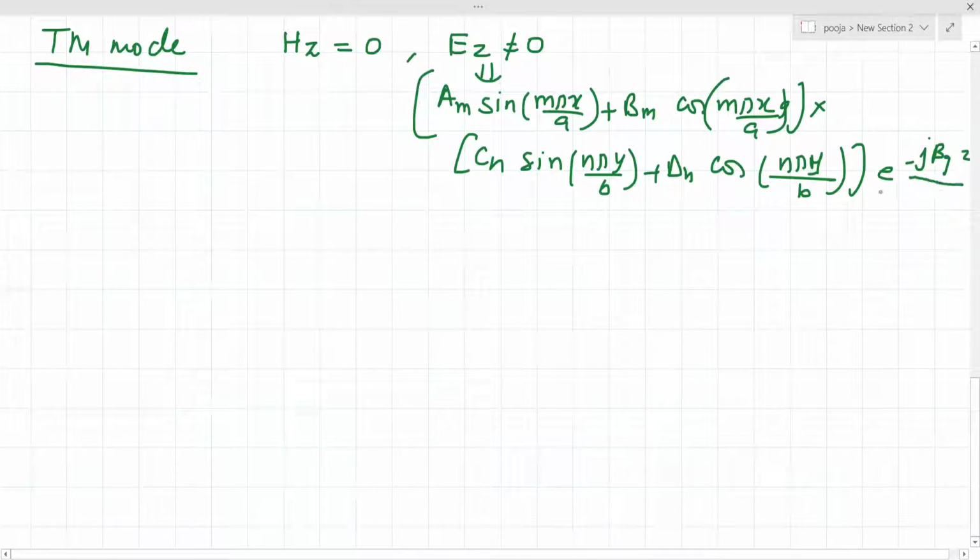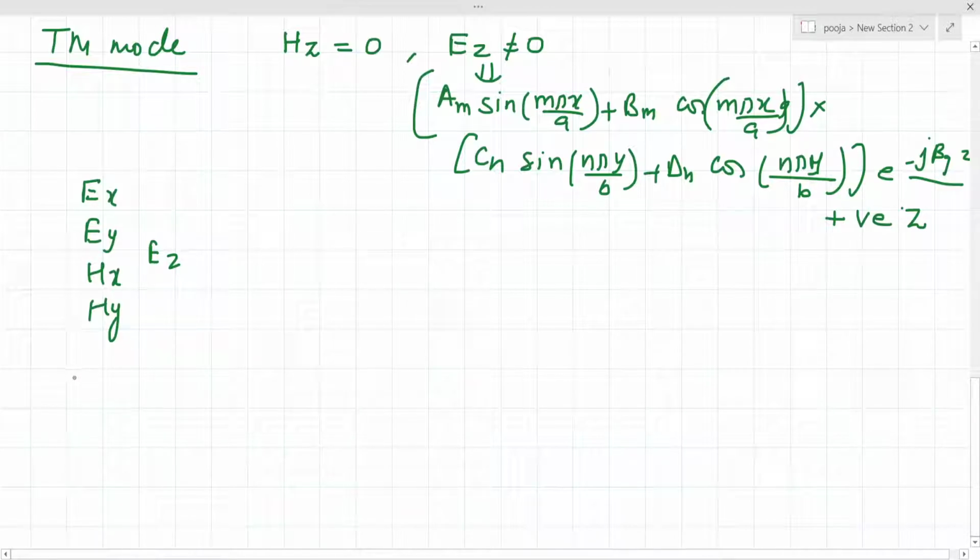Minus j beta g z represents that the wave was propagating in the positive z direction. After applying boundary conditions, we obtained the values of Ex, Ey, Hx, Hy and Ez, obviously, in the form of sine and cos terms.